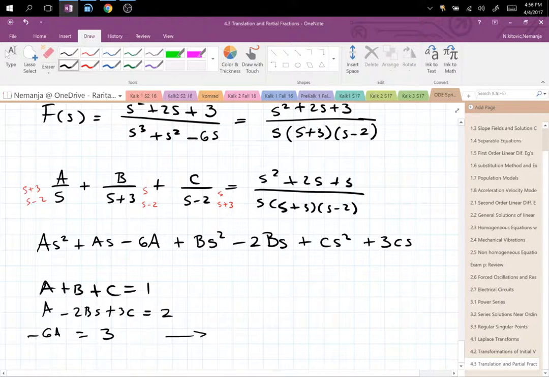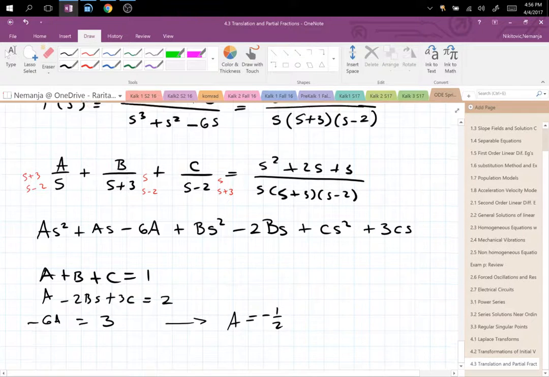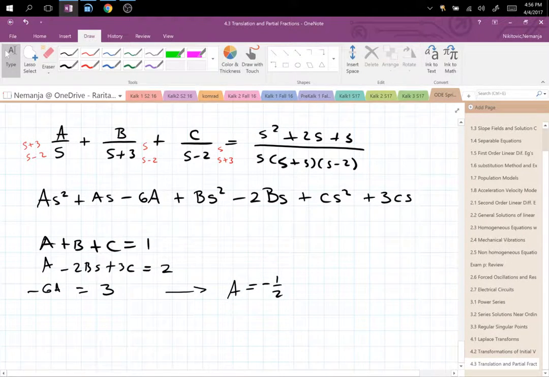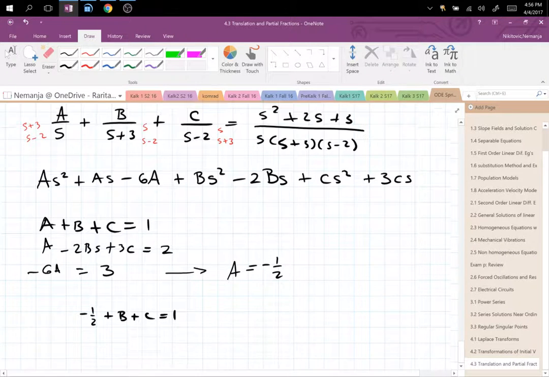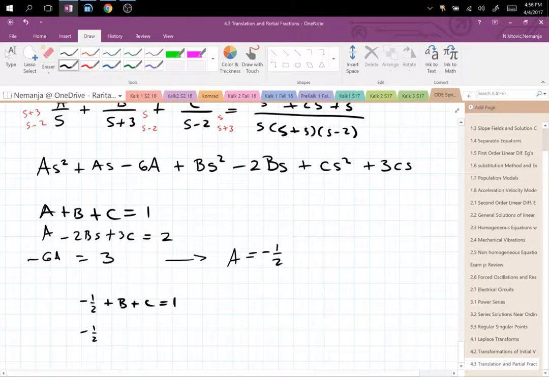So from there I know that A is negative 1/2. So when I plug in negative 1/2 in a system, I get negative 1/2 plus B plus C equals 1, and negative 1/2 minus 2B plus 3C equals 2.